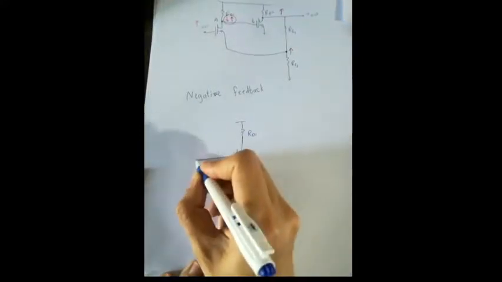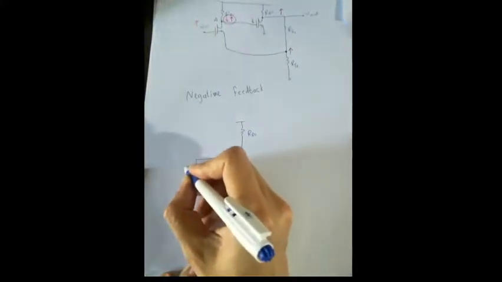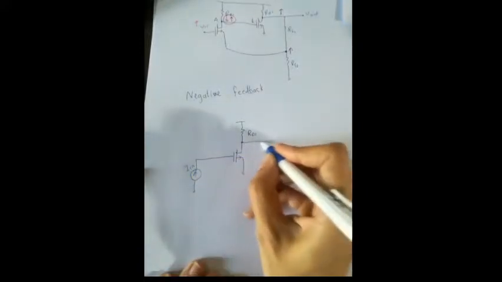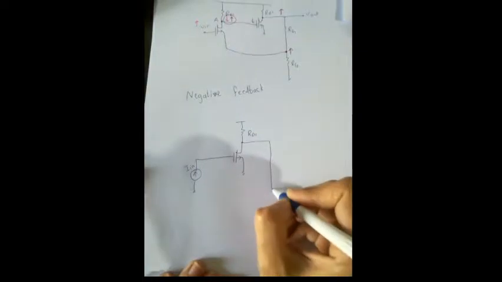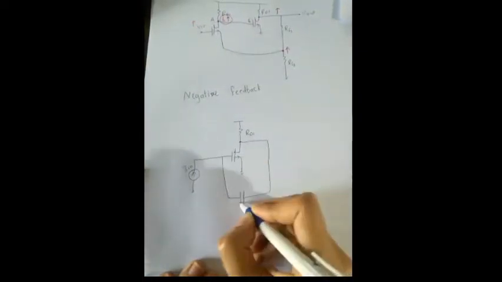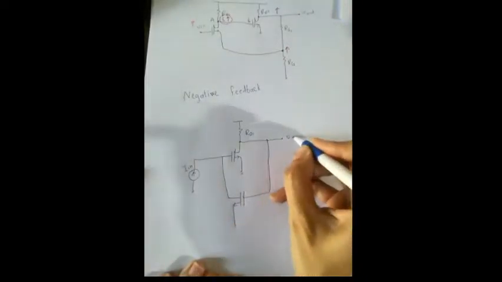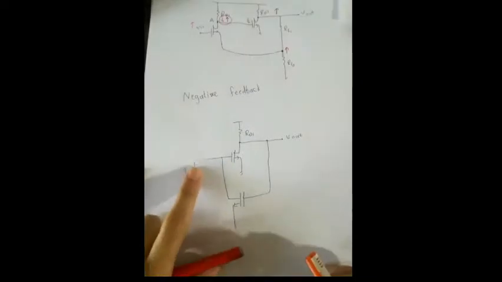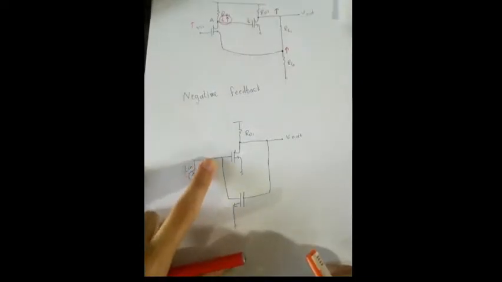The input is coming from a current now, IN, the input is a current, and we are having here another stage, and this is Vout. Now the input here is a current, but let's assume that there is also some impedance here that we can convert to a nodal voltage here.